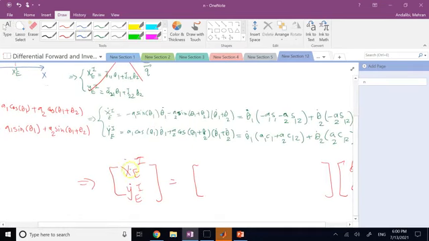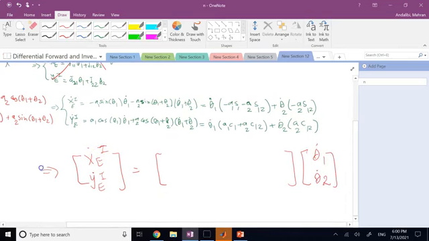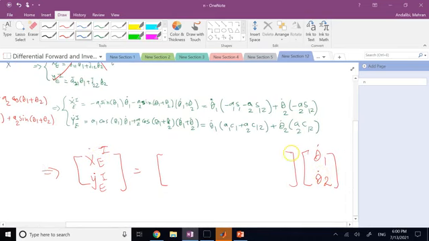When I want to write x dot with respect to theta 1 and theta 2, the coefficient of theta 1 dot is this. So that comes here. Then the coefficient for theta 2 dot is this guy. So that comes here.